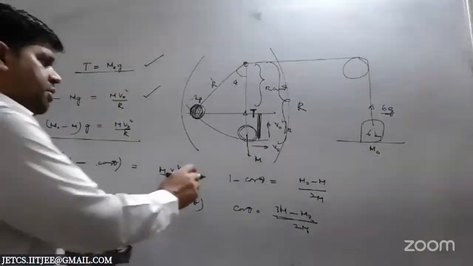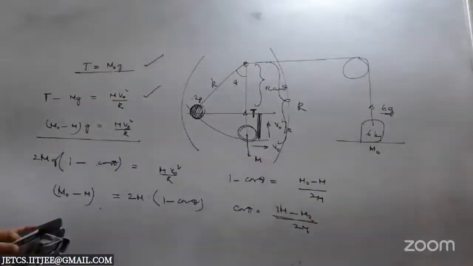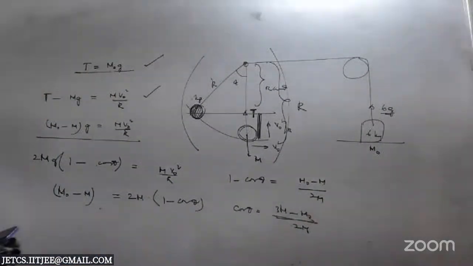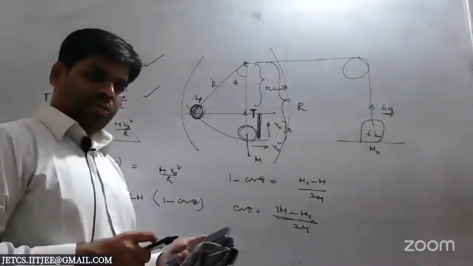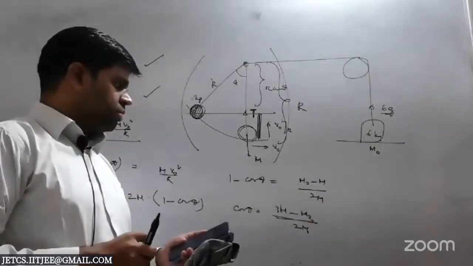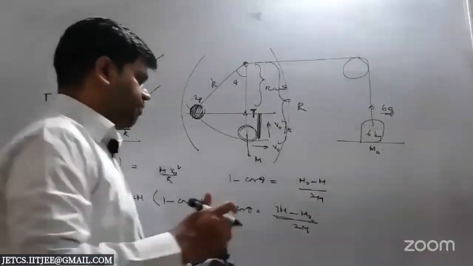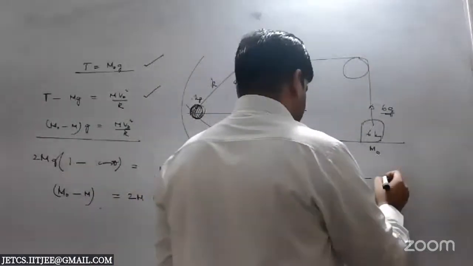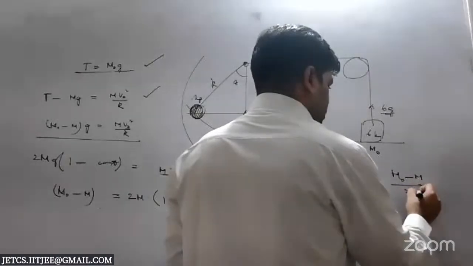Is it correct? 1 minus of this one is this much, sir, right? Check. Yes sir, it could be M0 minus m by 2m.